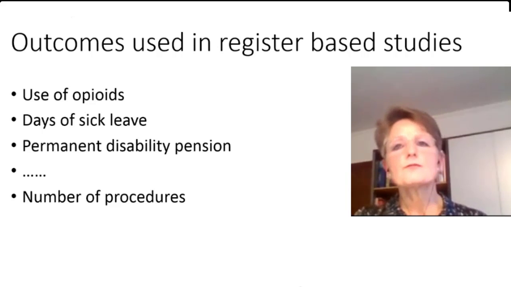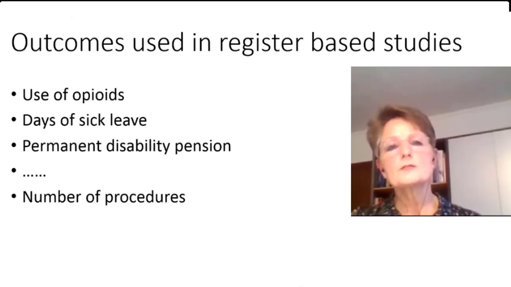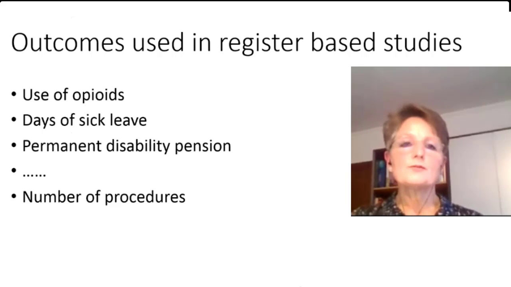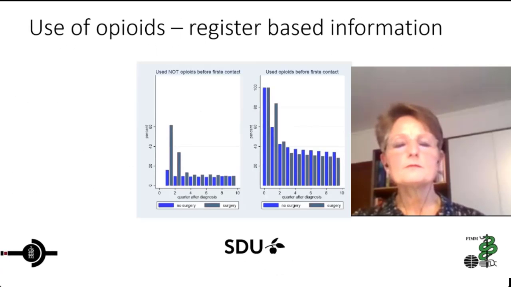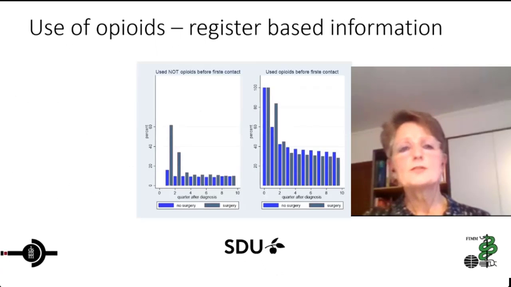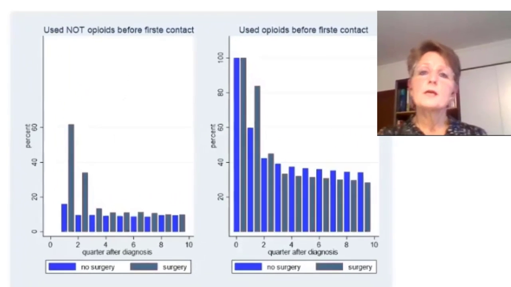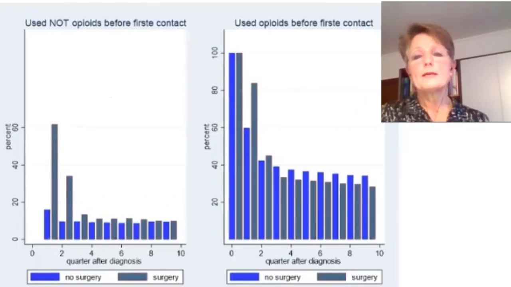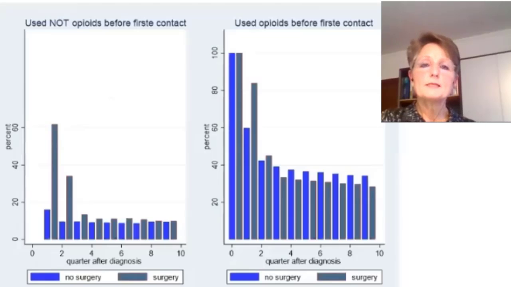So when you look into registers and you want to define outcomes, you can use, for instance, the use of opioids over time, days of sick leave before and after treatment, or even the definition of permanent disability pension. And you can use the number of procedures, because that's information given in the registers. As an example, we have looked into the use of opioids before patients arrive at a spine center.